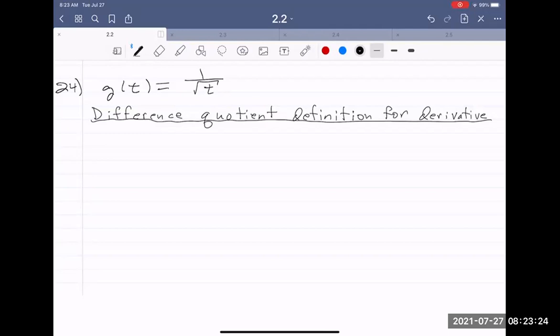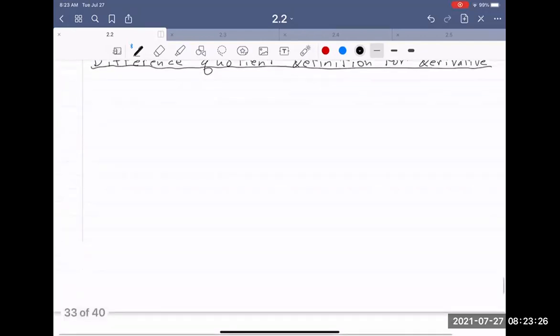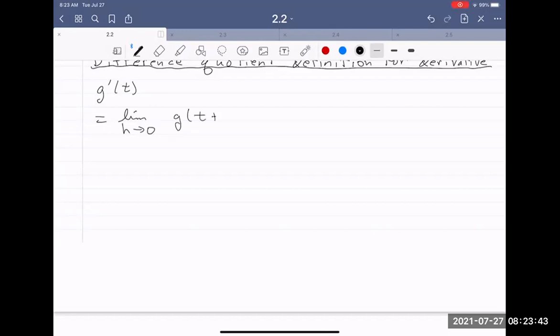But it is for this course. So let me use this definition. So g prime at t, let's say, is equal to the limit as h approaches 0 of g of t plus h minus g of t, all divided by h.